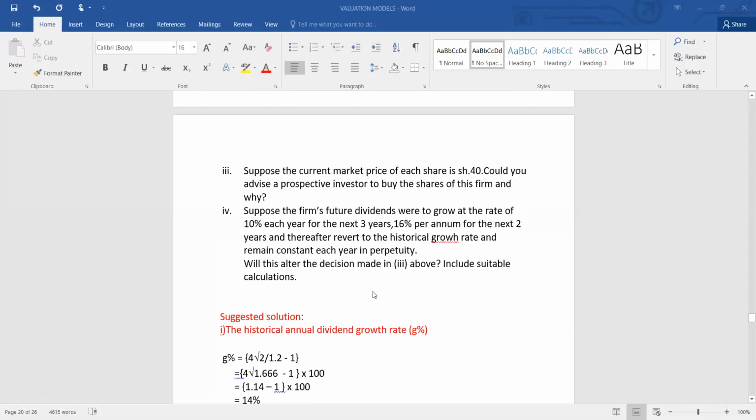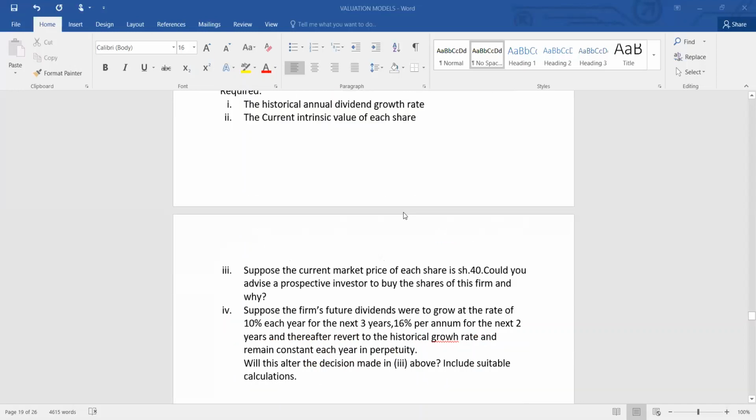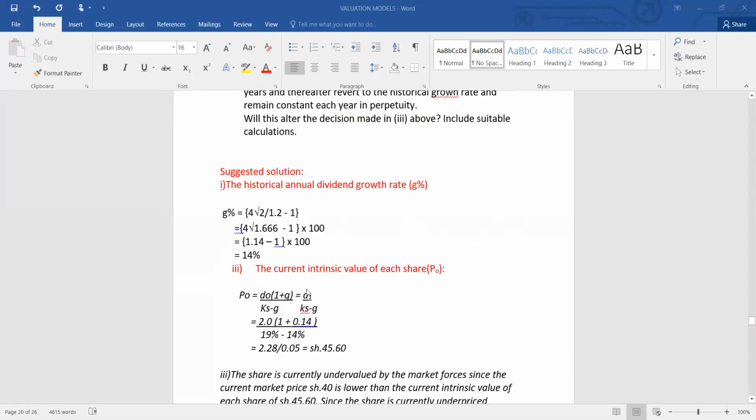So we have worked out number one, the historical annual growth rate. Now the current value of each share. Here we bring in the formula: P0 is D0 (1 + g) divided by Ks minus g. Remember, Ks should be in percent, and g in percent, so that we don't make a mistake.